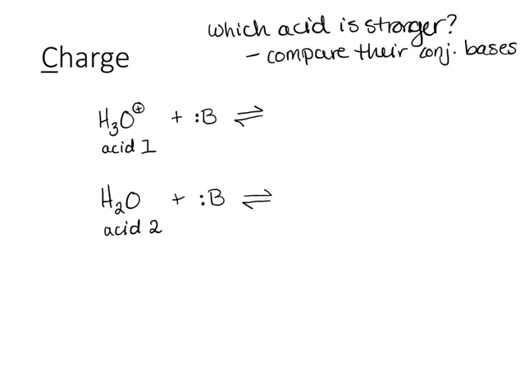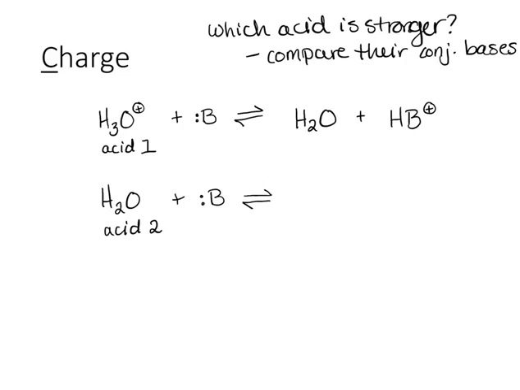Okay. So for acid 1, the hydronium ion, when it reacts with a base, again, it's going to give up a proton or donate a proton. So we'll end up with H2O as one of our products. And then the other product is our conjugate acid.